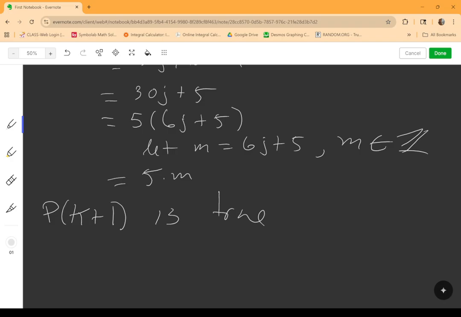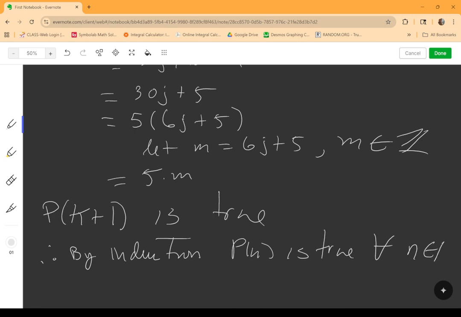So our inductive case is true. Therefore, by induction, P of n is true for all n element of the natural numbers.